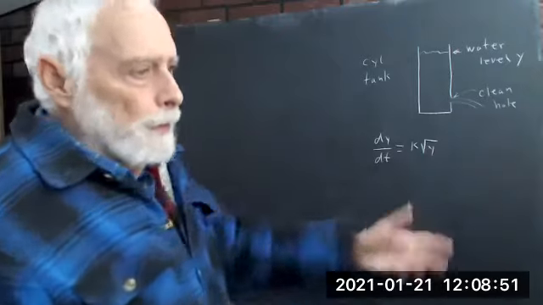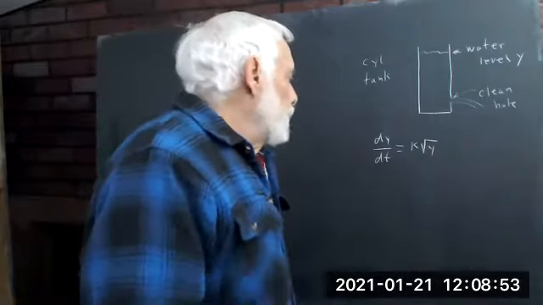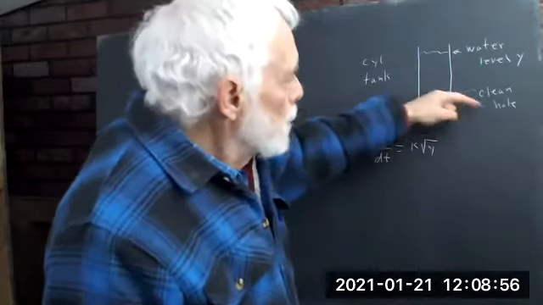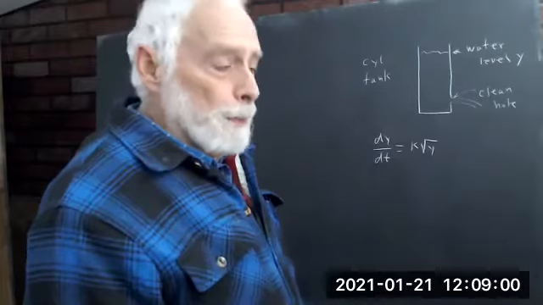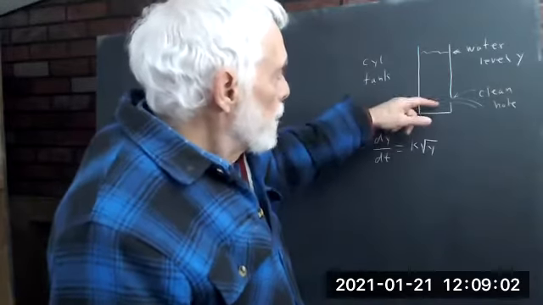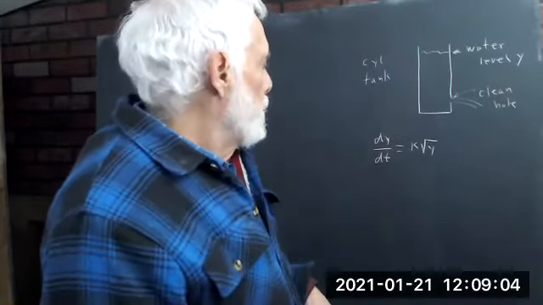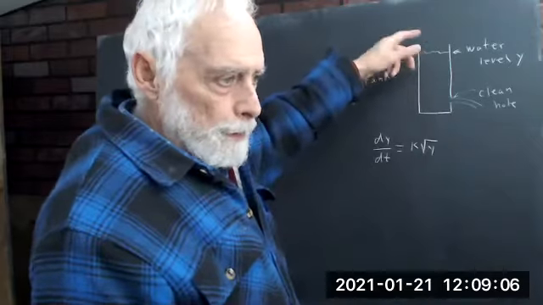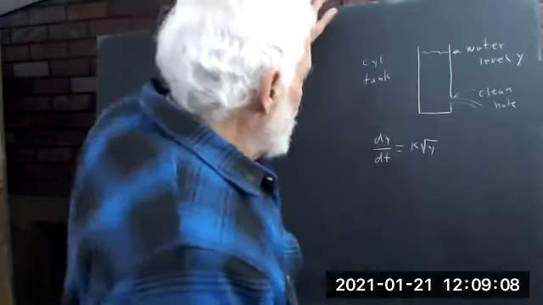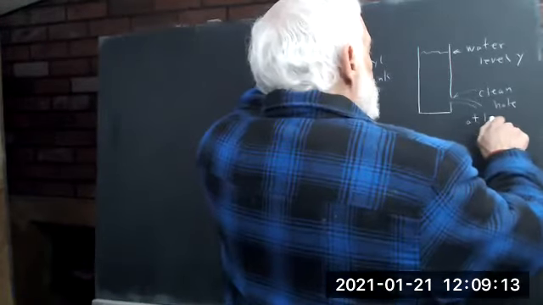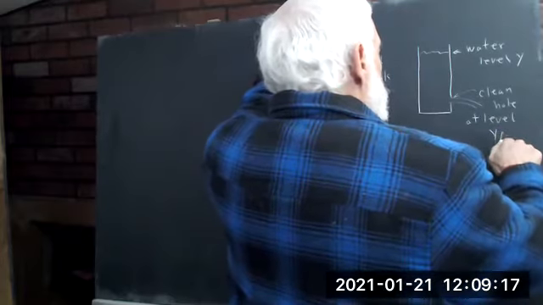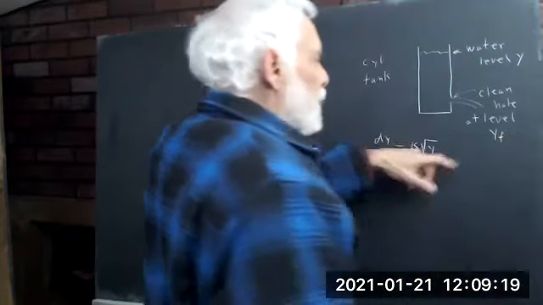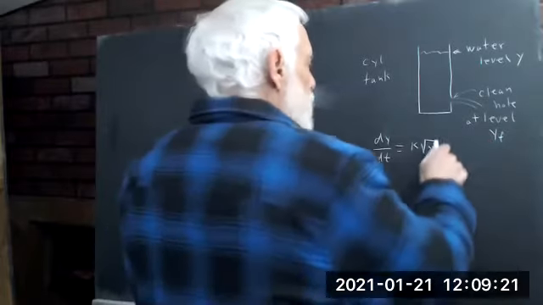And that goes, since you know the physics, the rate at which water flows out of here is going to be proportional to the square root of the pressure, and the pressure is proportional to how far you are above the hole. And actually, we're going to say that the clean hole is at level y sub f.